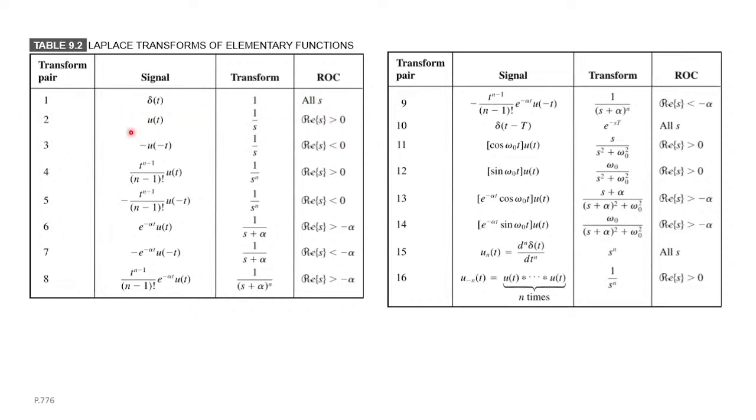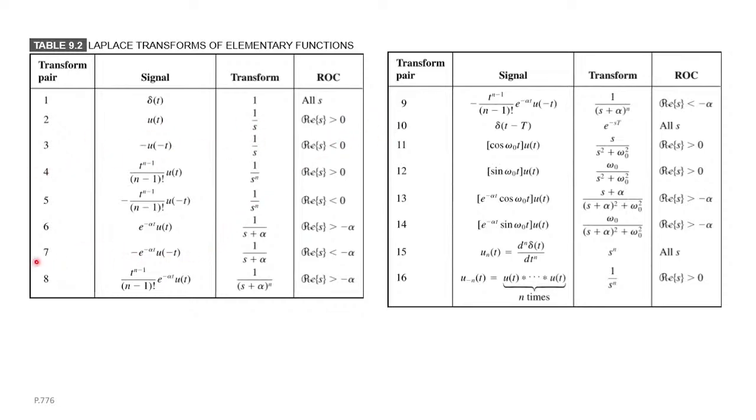Then we get this unit step. The Laplace transform is 1 over s, and this is a special case of the first example we had, the exponential decay with alpha. So we take alpha equal to 0, and you get the unit step here.